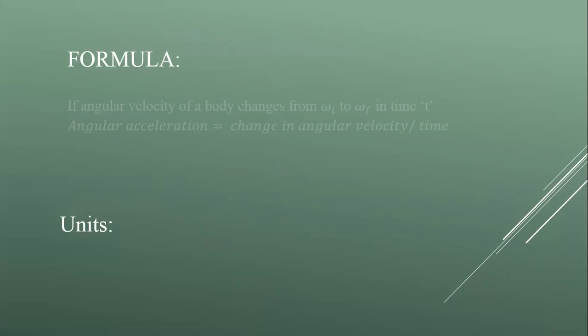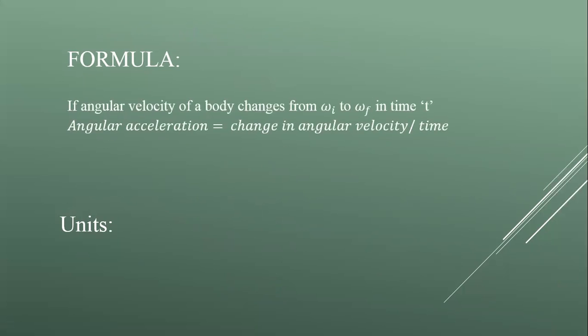Its mathematical form is the change in angular velocity per unit time. Suppose the angular velocity of a body changes from omega i to omega f, where omega i is its initial angular velocity, omega f is its final angular velocity, and t is the time taken. So angular acceleration is the change in angular velocity per unit time.